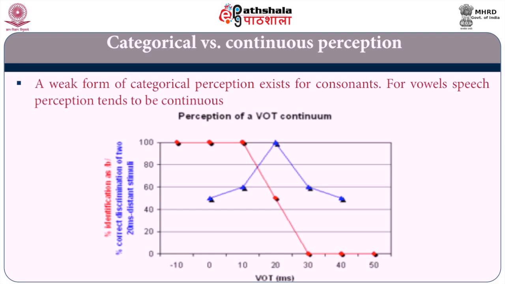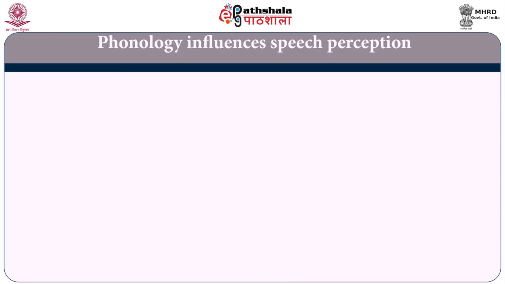This weak form of categorical perception exists for all consonants, but vowels are not classified categorically; it is a little more continuous. So when you talk about speech perception, there is continuous speech perception, which mostly applies to vowels, and categorical speech perception, which applies to consonants. Categorical speech perception is not universal. The acoustic information required to categorize sounds varies from language to language.